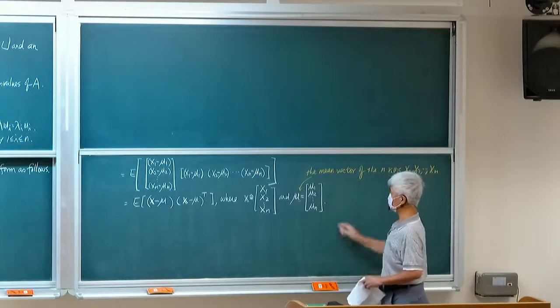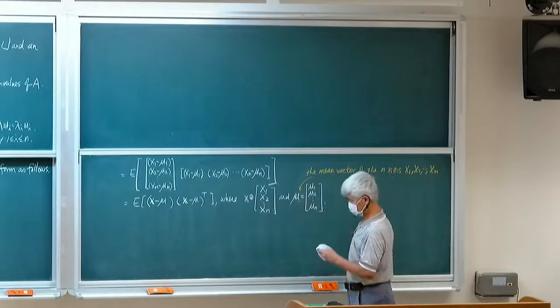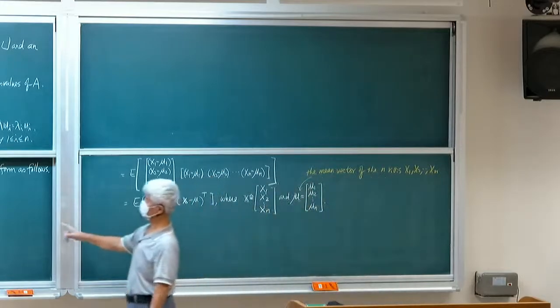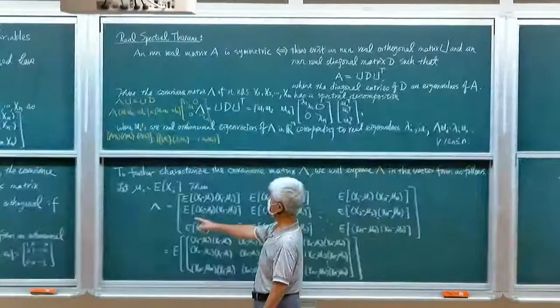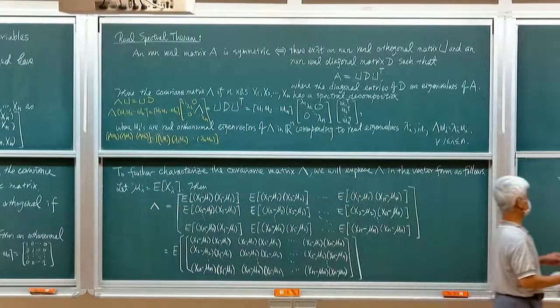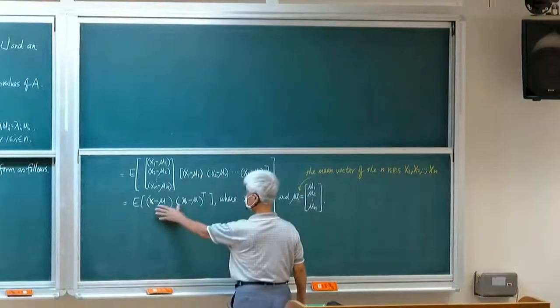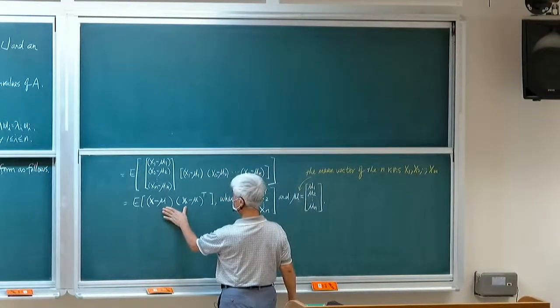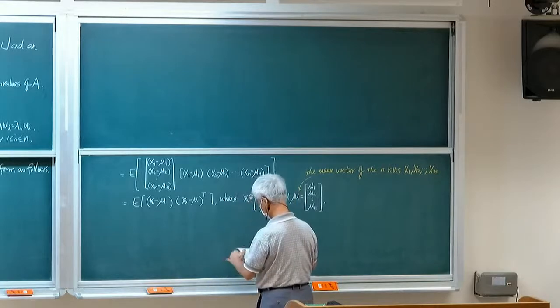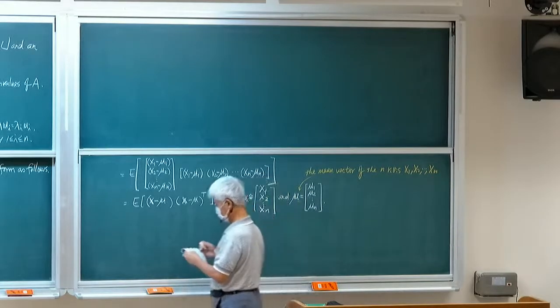They call it the mean vector. All right, so you can see the covariance matrix now can be expressed in the vector form like this one.